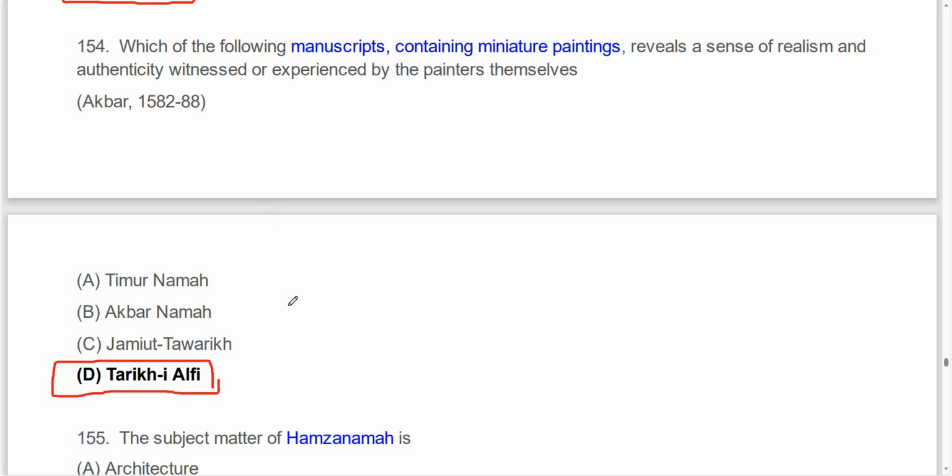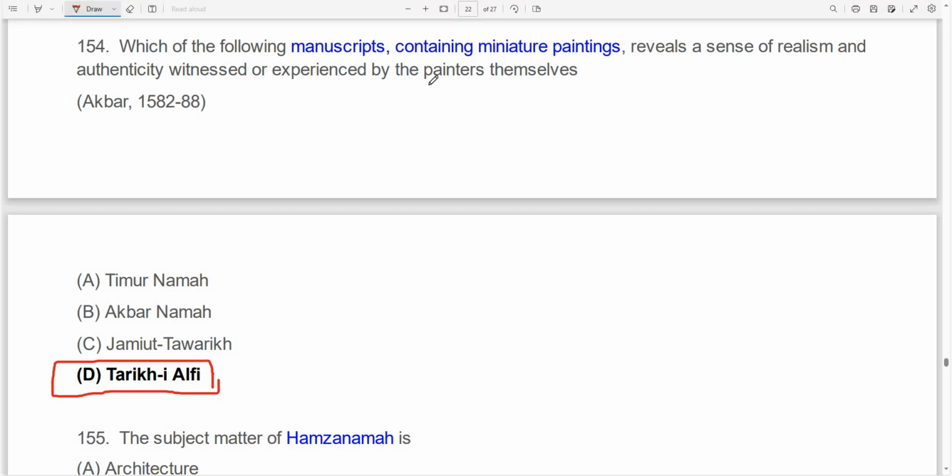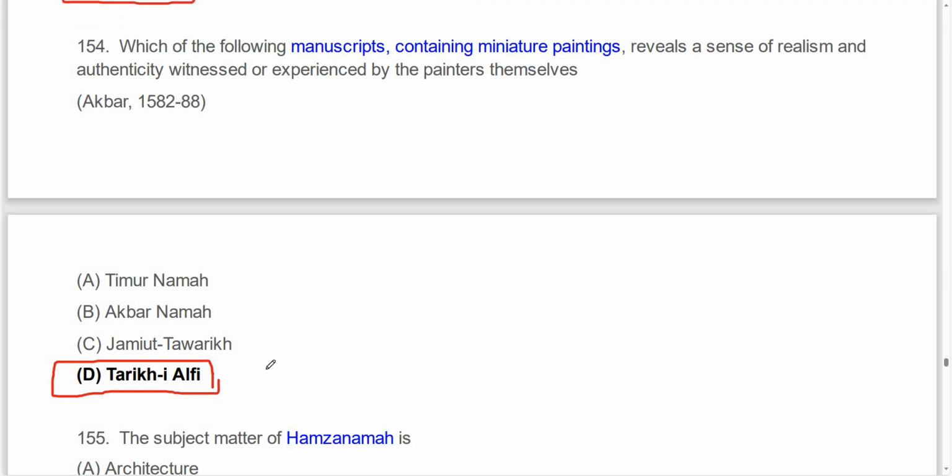During that six year period, Tariq-e-Alfi was compiled. The Tariq-e-Alfi manuscript contains miniature paintings that reveal a sense of realism and authenticity witnessed or experienced by the painters themselves.